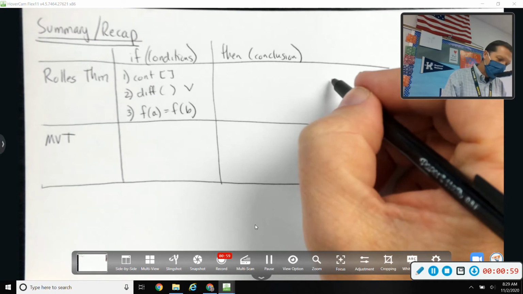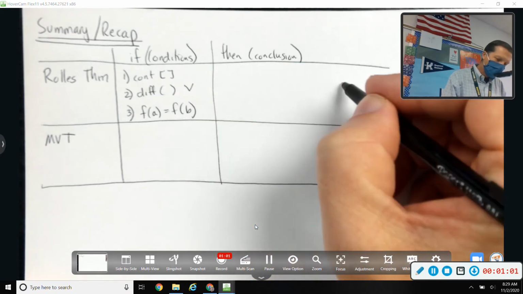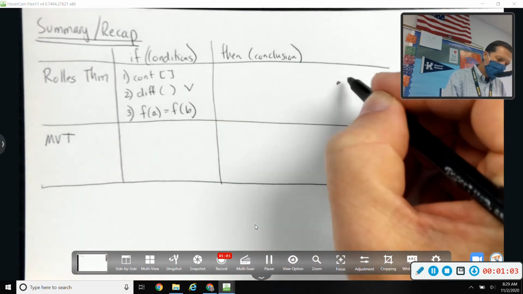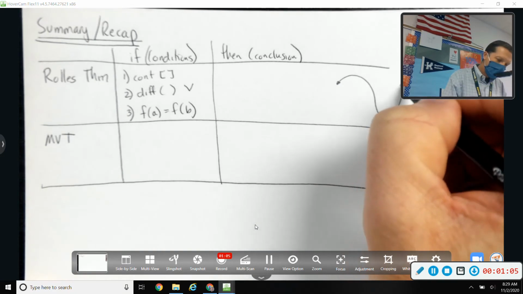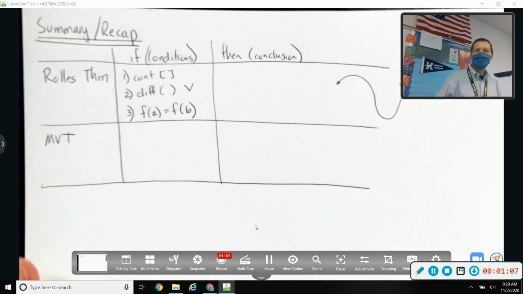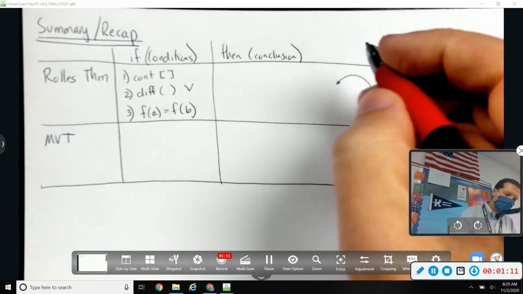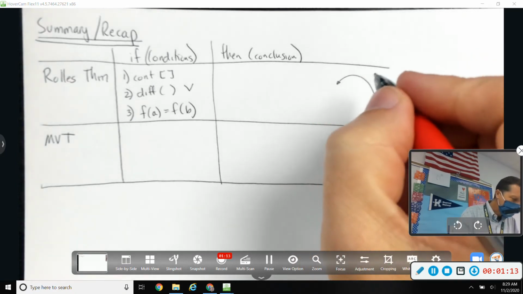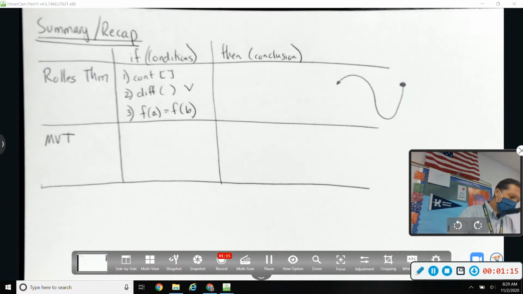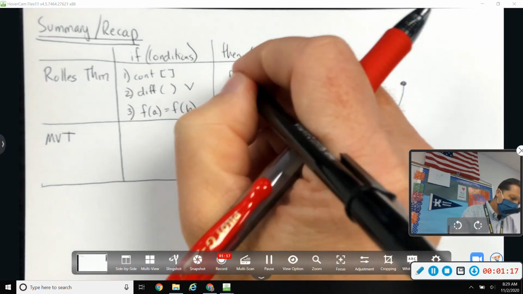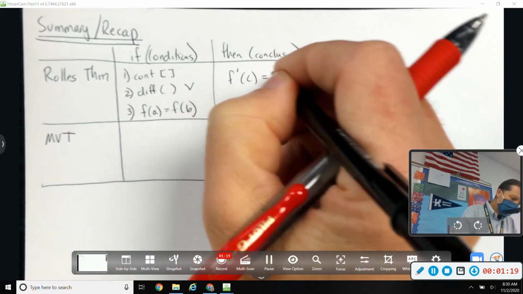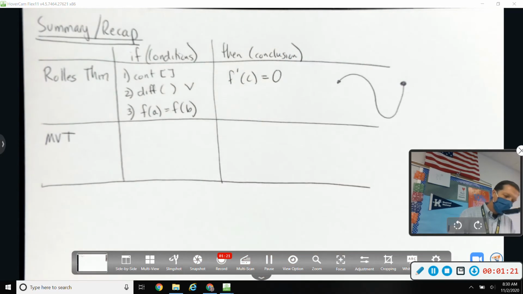And if those three things are true, let's see, that's our picture, where our starting and endpoints have the same height, then somewhere the slope equals 0.